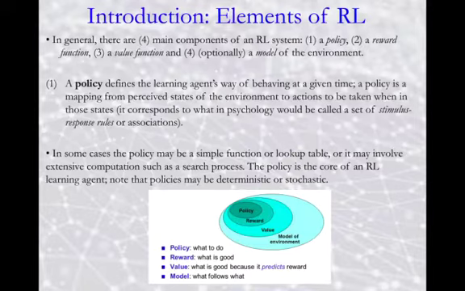Okay. So I have that in a little more depth here. We talked about this in class, and maybe I'm not going to go through it again, but again, the four main components, just adding a little bit to that, the policy. So just to mention, the policy is going to define the learning agent's way of behaving at a given time. It's typically denoted pi of S comma A, if you see that in the literature, and they do notate it that way in the Russell Norvig text.